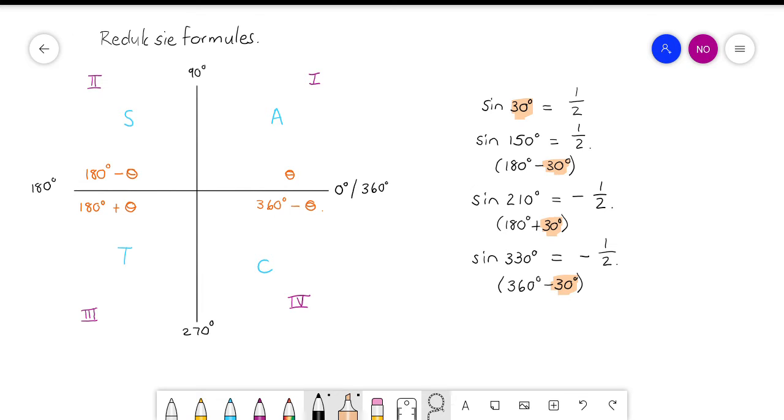In the second quadrant? Negative. In the third quadrant? Positive. Tan is positive in the third quadrant. In the fourth quadrant? Negative. But the number, the physical number, will be the same for all four, because I can write them all in terms of the same acute angle.